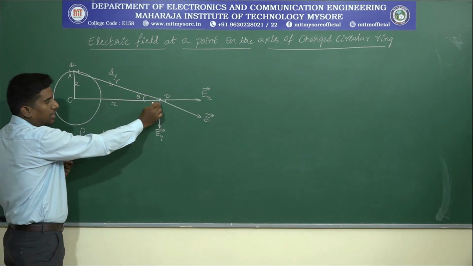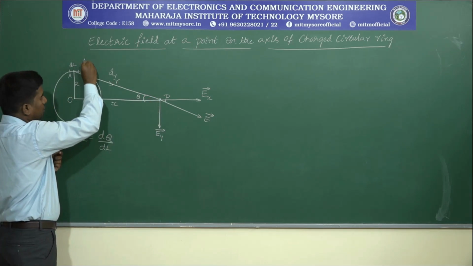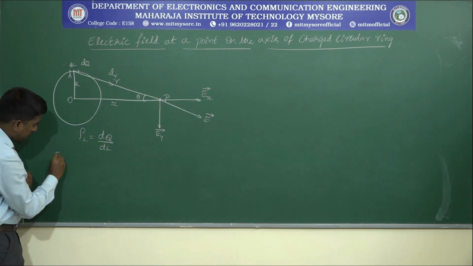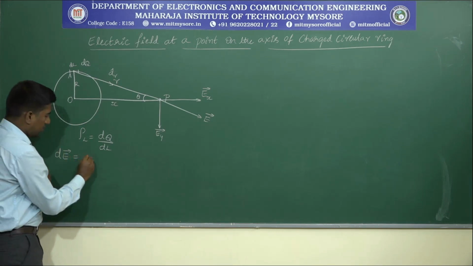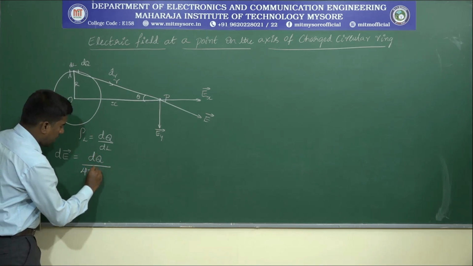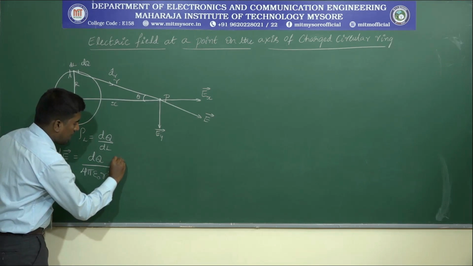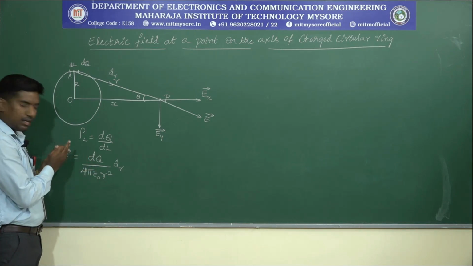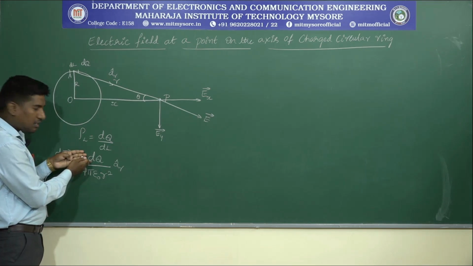Now the electric field intensity at point P due to the elementary charge dq is given by Coulomb's law: dE is equal to dq divided by 4 pi epsilon naught r square into a cap r. This is the elementary electric field intensity due to the elementary charge dq.